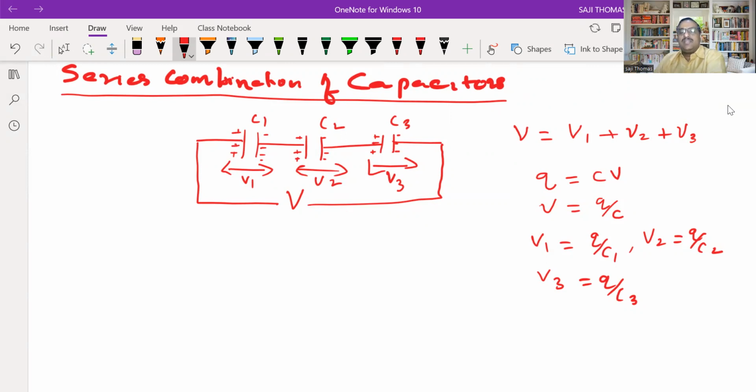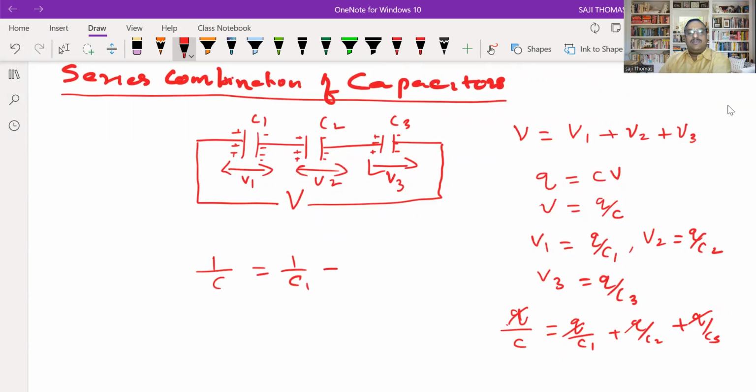If C is the equivalent capacitance, we can write V is Q by C. So we can write the equation as Q by C equals Q by C1 plus Q by C2 plus Q by C3. Charges will cancel, so you will get 1 by C equals 1 by C1 plus 1 by C2 plus 1 by C3.